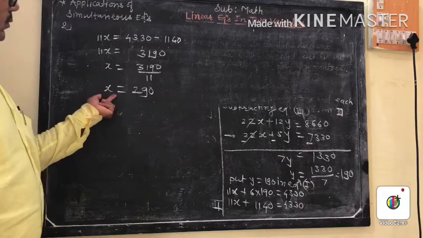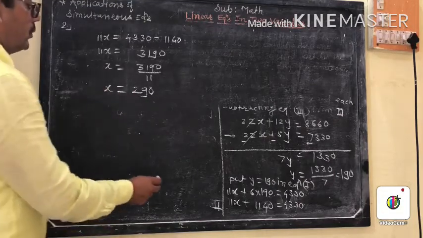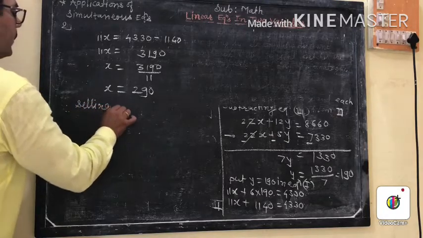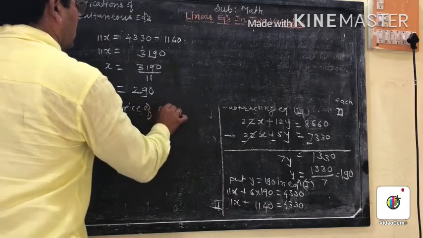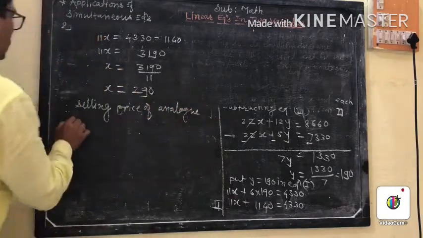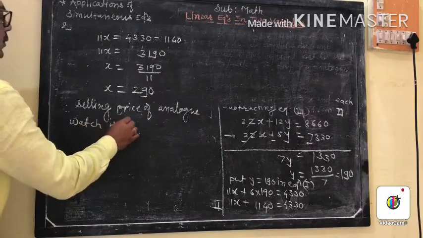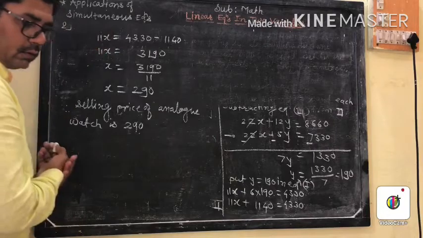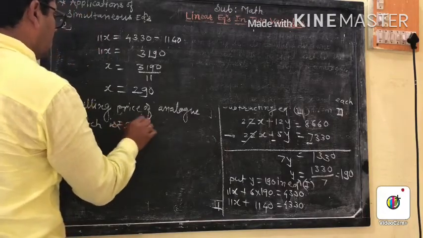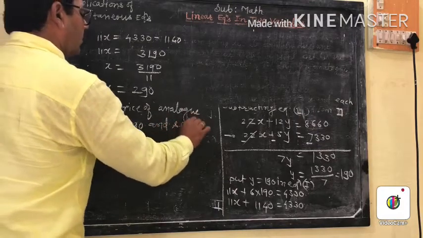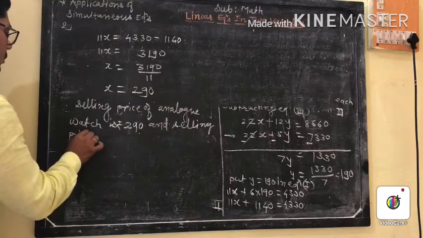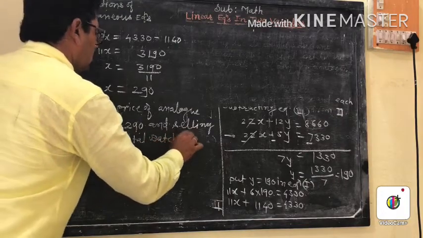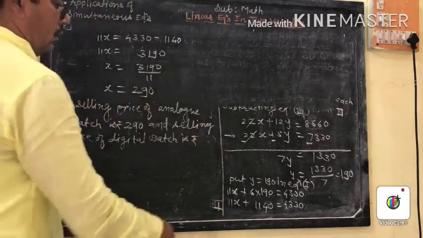What is meant by x? x is the price of the analog watch. Therefore, the selling price of the analog watch is 290 rupees, and the selling price of the digital watch is 190 rupees.